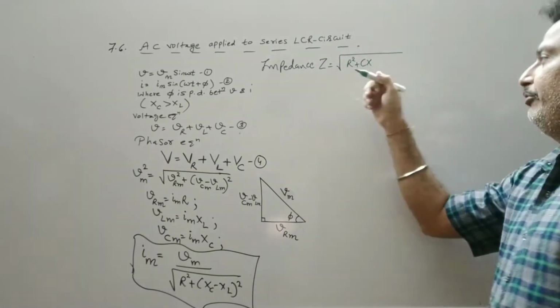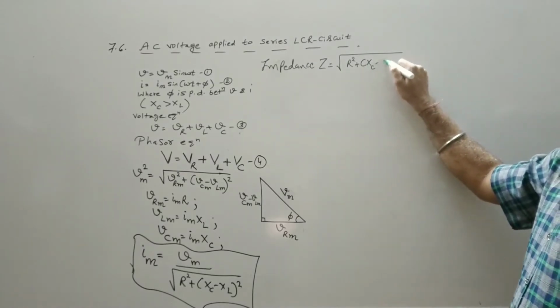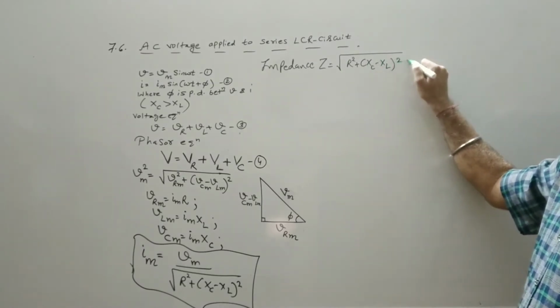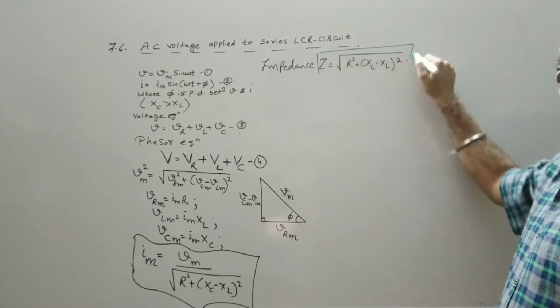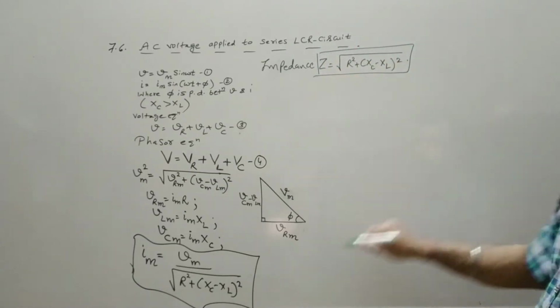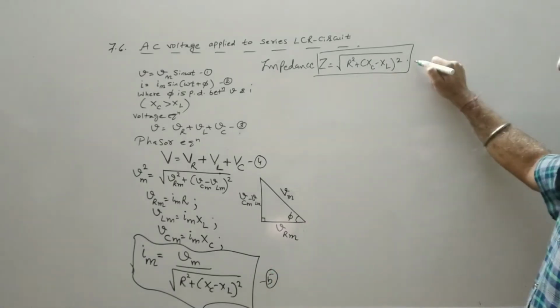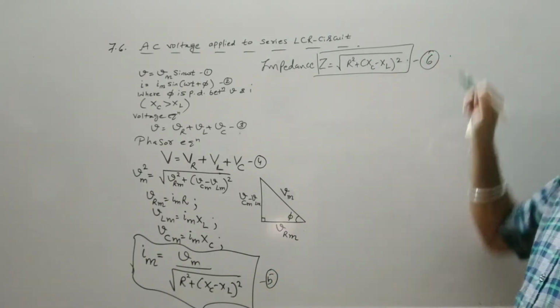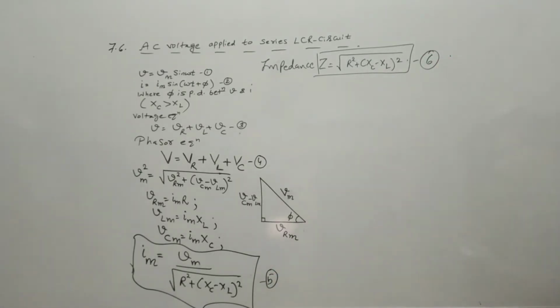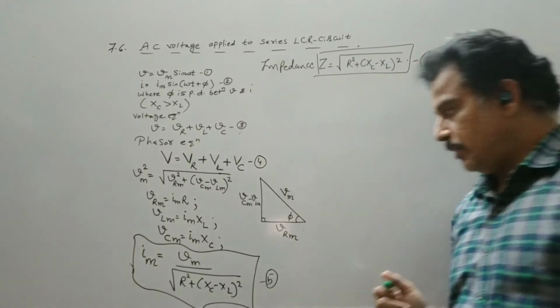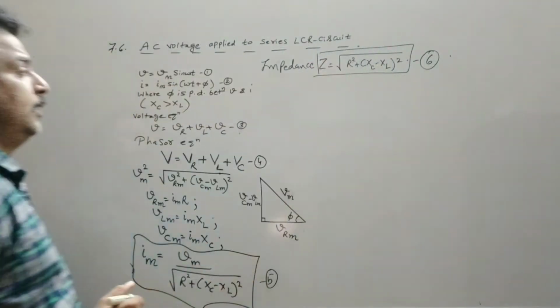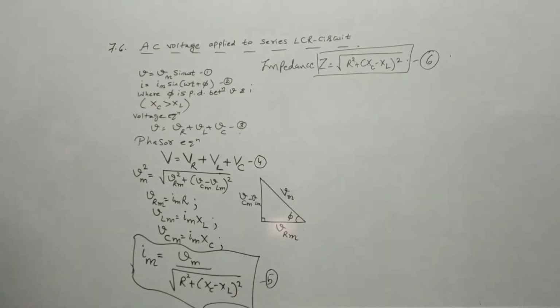So to the flow of an AC current we have written this as impedance, the total resistance offered by the LCR circuit. We derived our relation using the phasor diagram up to this point.